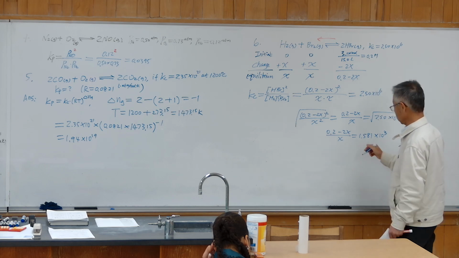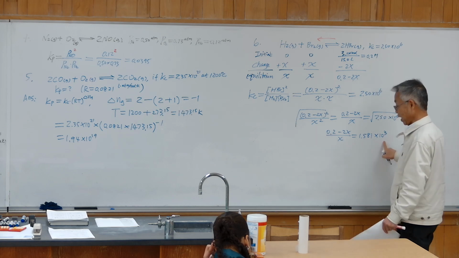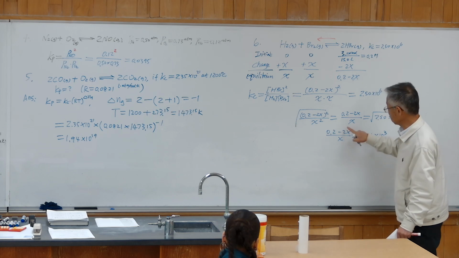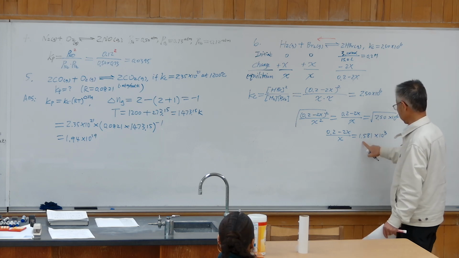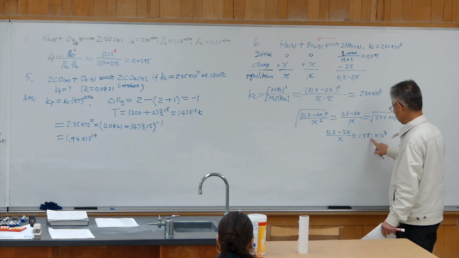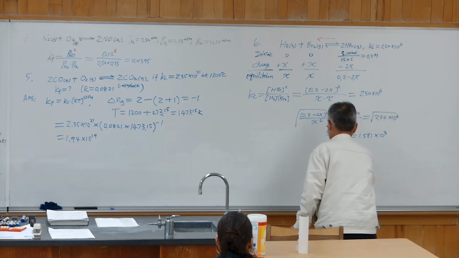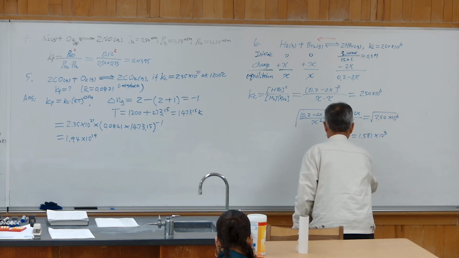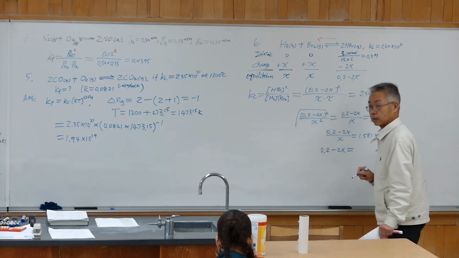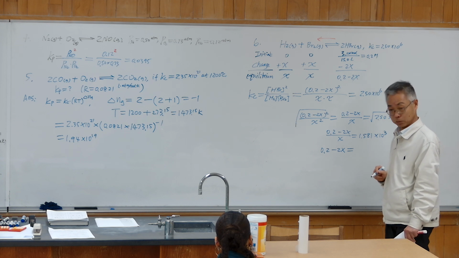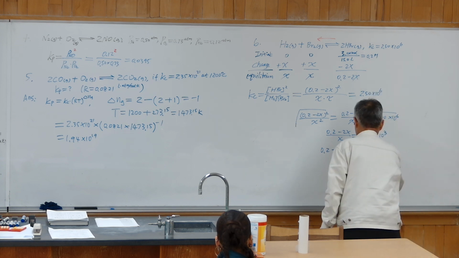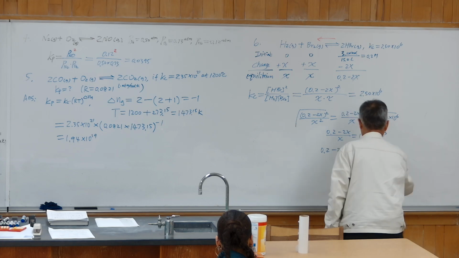Then solve this equation. Both sides multiply by x, then move 2x to this side. This time x is 1581, plus 2, so 1583x. The rest is pure math, I'm not supposed to show you this part.